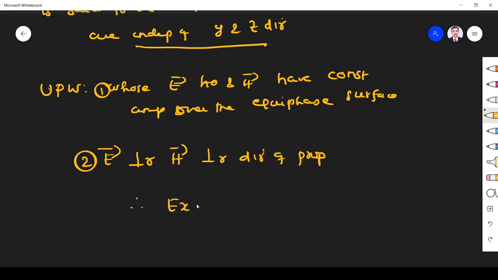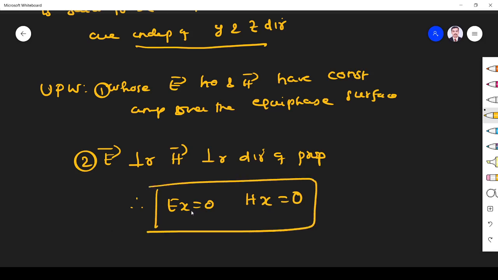So Ex is 0, because they should be perpendicular to the x component. Similarly, Hx is also 0. This is for our uniform plane wave. Why Ex 0? Our wave is propagating in x direction, so E should not be in x. Similarly, H should not be in x direction either. So that's all about the uniform plane wave.